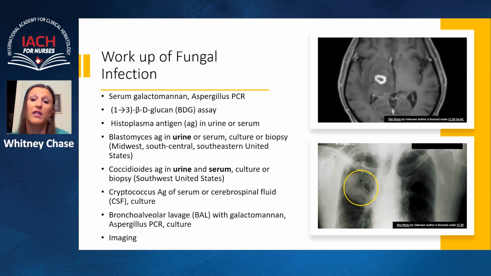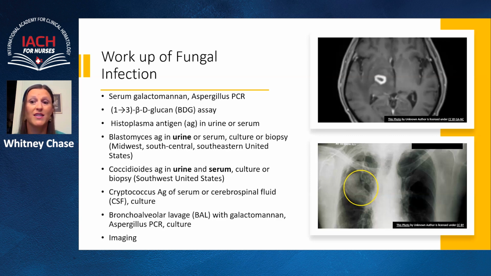So looking for fungal etiology may be important for patients who continue to fever and generally look sick despite broad-spectrum antibiotics. Serum testing of galactomannan and aspergillus PCR can be helpful in this immunocompromised population.